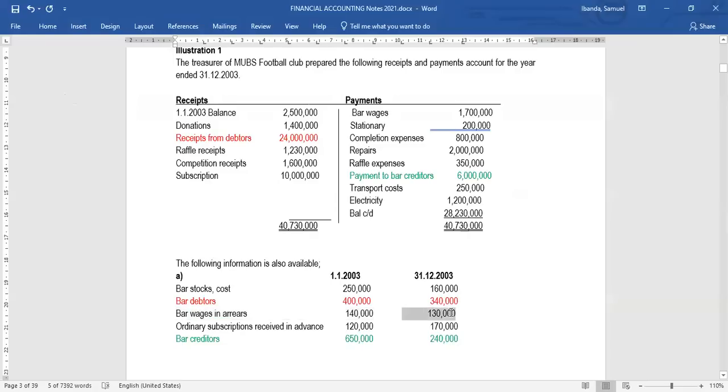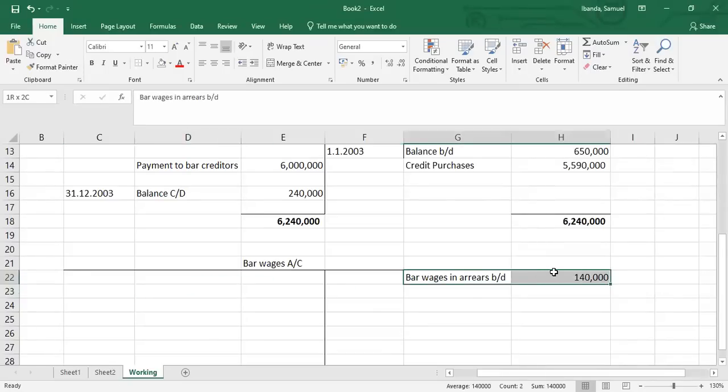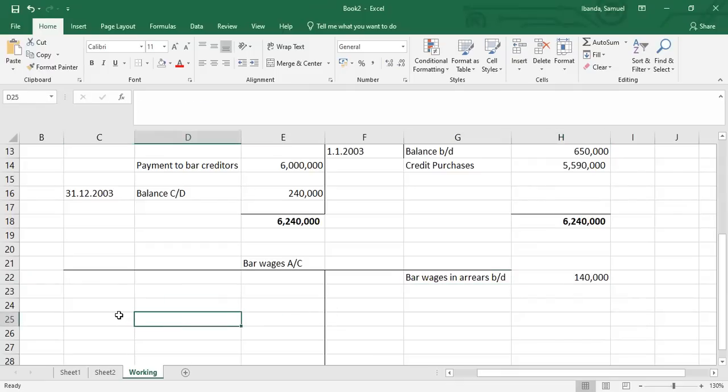Remember, as it is closing on the credit side, on the debit side, it's an opening credit when it comes to the other side. So I've put it right here, my balance brought down. So my bar wages in arrears carried down, I'll record the figure here.